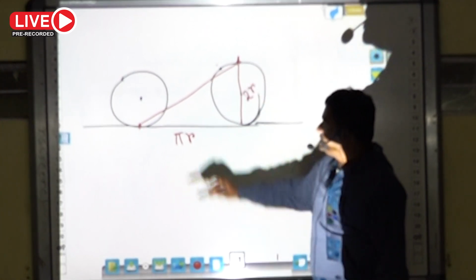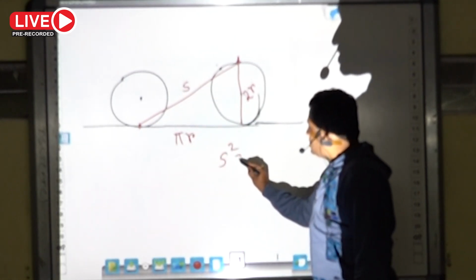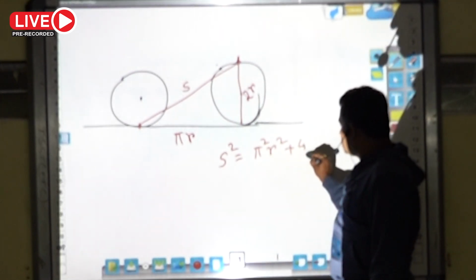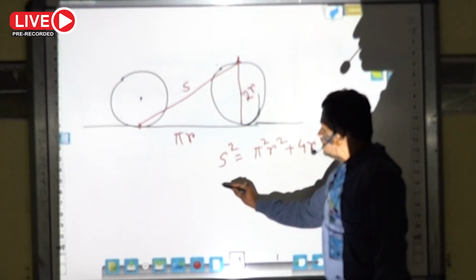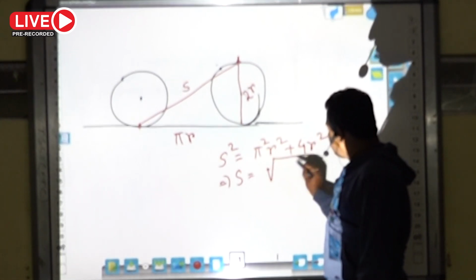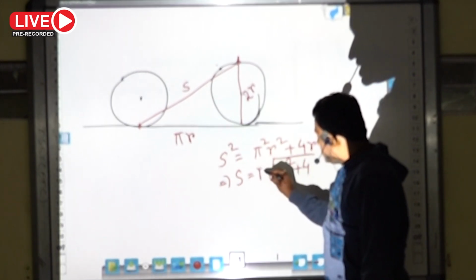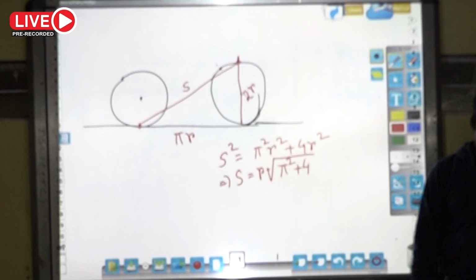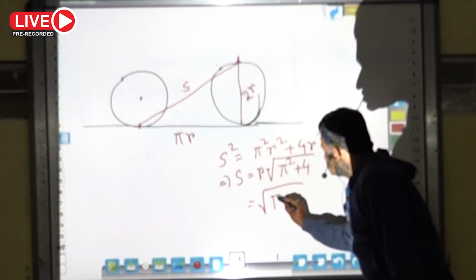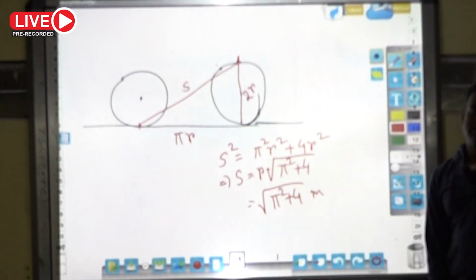So this is the displacement S. So S square equals pi square r square plus 4r square. So S equals root over of pi square plus 4 into radius. Now radius is given 1 meter. So the answer is root over of pi square plus 4 meter. This is the correct answer.